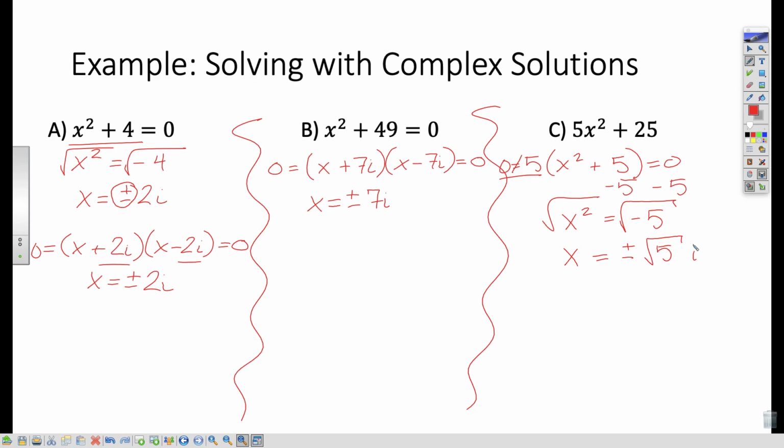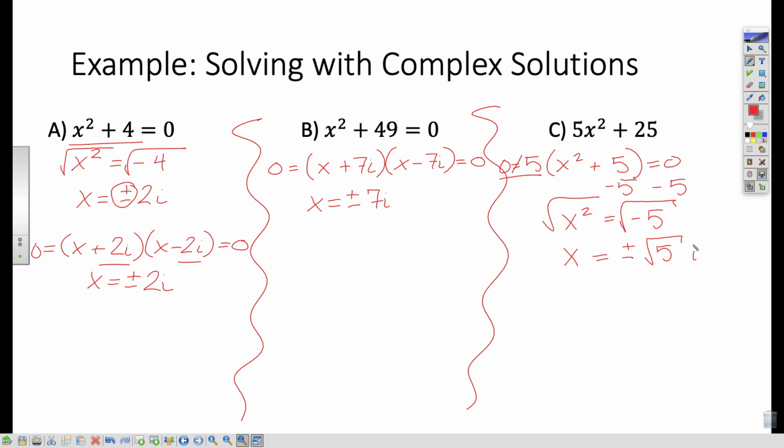Now I probably wrote C wrong, to be honest with you, but that's okay. I think you were supposed to be able to factor it out and still have 25 in there. But that's okay, because you need to see the advantages over doing it. I thought we were gonna do it like the first two. So did I. You can't do it like the first two because I have plus 5. 5 is not a perfect square, is it?